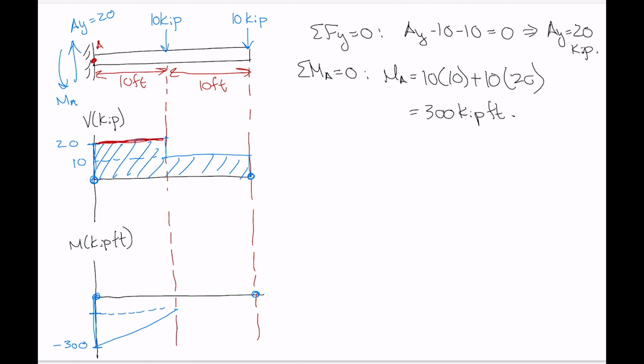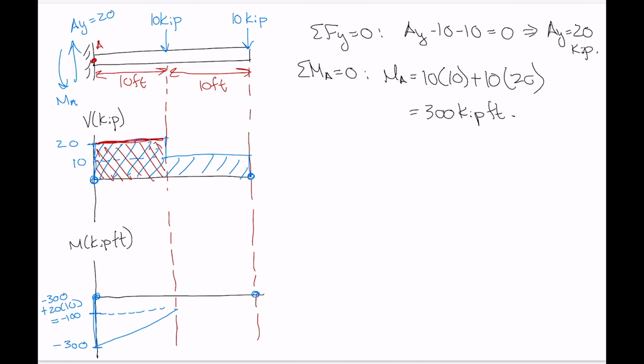And where do we get to? Well, the change in moment between any 2 points has to be equal to the area below the shear diagram between those 2 points. So we take minus 300 and add on the area of the corresponding portion of the shear diagram. That gives us minus 300 plus 20 times 10, which is minus 100.